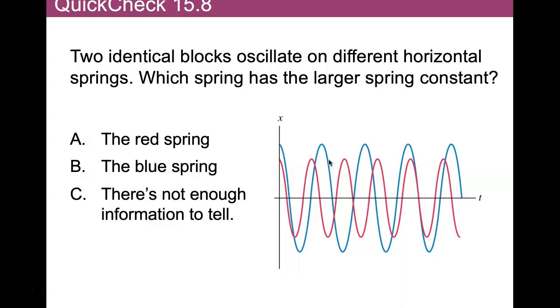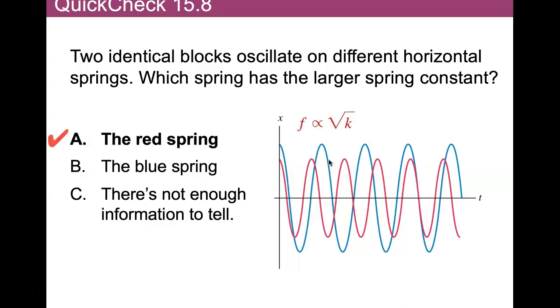Omega was square root k over m. m is the same because the blocks are identical. So the one with a higher k, higher spring constant, which is the ratio of the force, the spring applies more force for the same displacement. The one with a higher frequency, which is the red one here, must have a larger k.